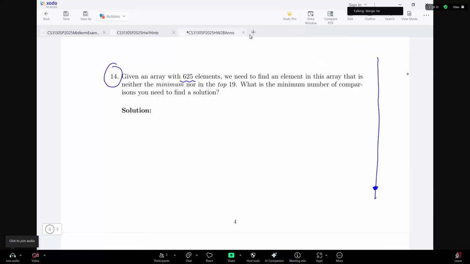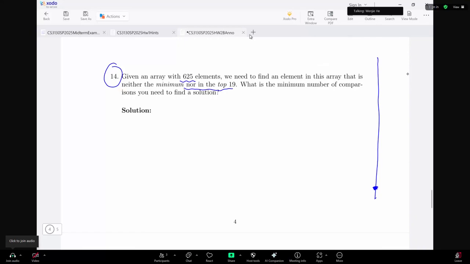So here, we need to find the right one. That right one should be at least above one element at the bottom. Okay? Then, no in top 19.